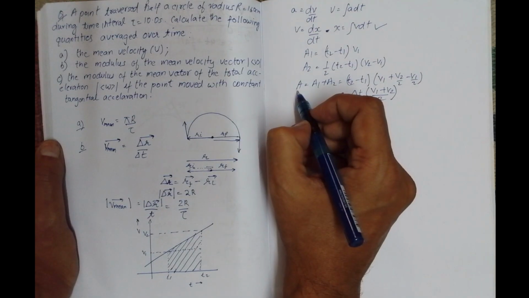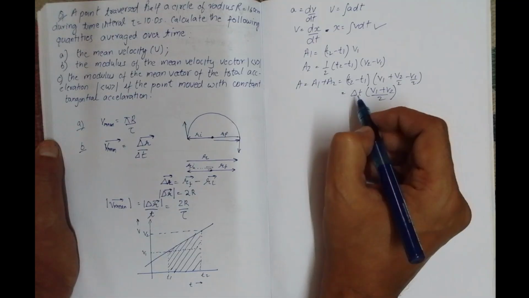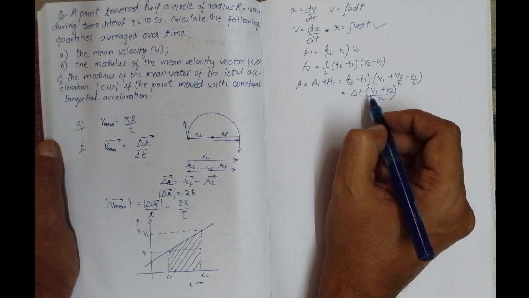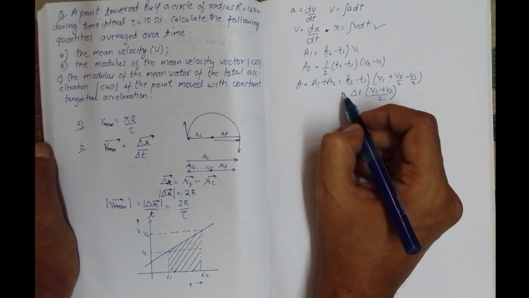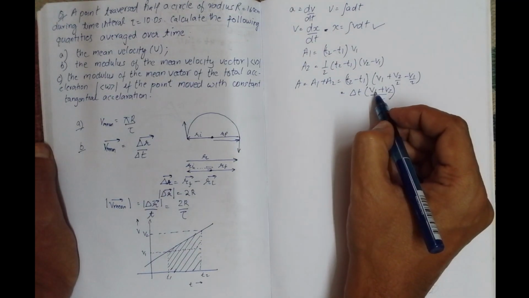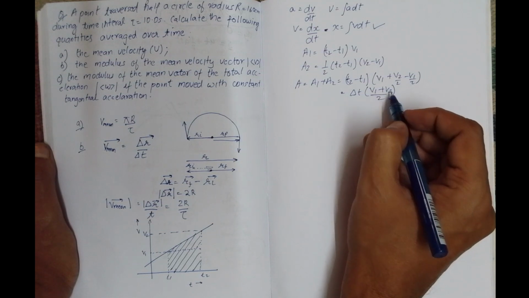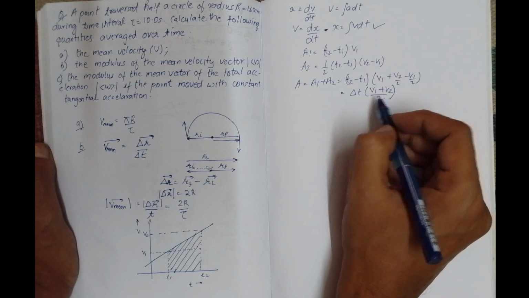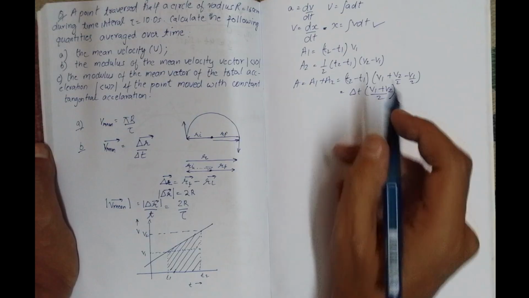The total area, as we know, is the total distance traveled by the particle. So what I am trying to say is that the total distance traveled by the particle when the acceleration is constant is equal to the initial velocity plus the final velocity by 2 multiplied by the time duration.